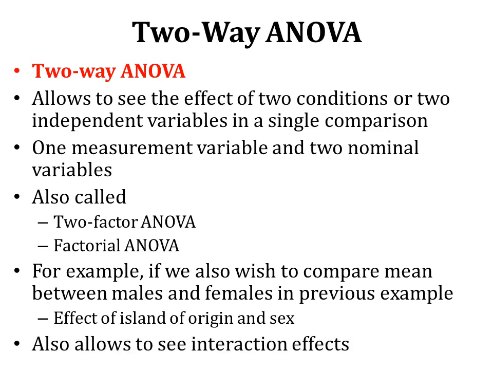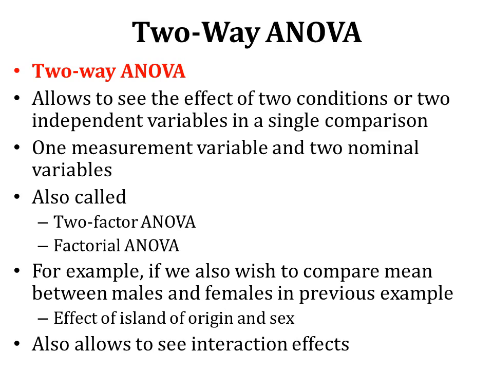And this also allows us to see the interaction effect. It is not enough that we see the individual effects of the two nominal variables, like the differences in the mean values by their sex and by the island of origin at the same time. We can also see the interaction effect of these two nominal variables, right?